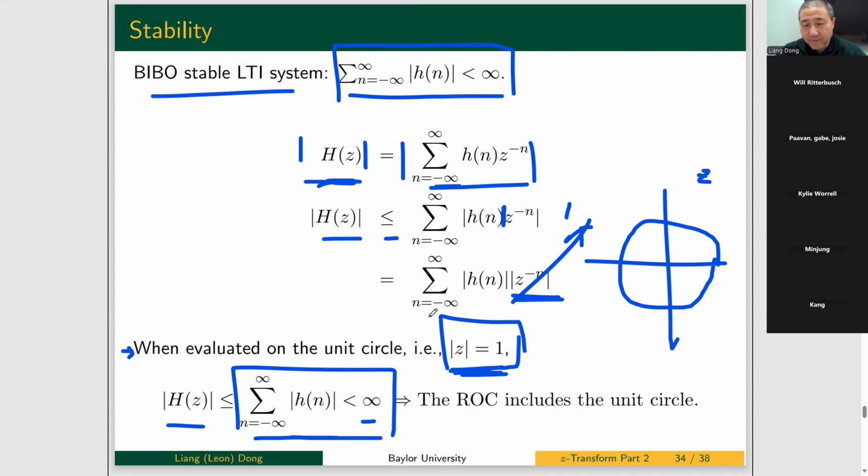Plugging in the unit circle, this is less than infinity. Therefore, the unit circle is indeed in the region of convergence. It is finite. So the region of convergence includes the unit circle.